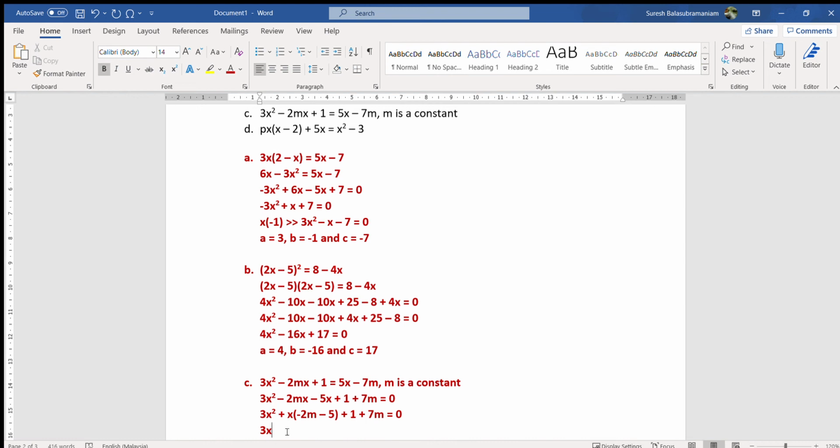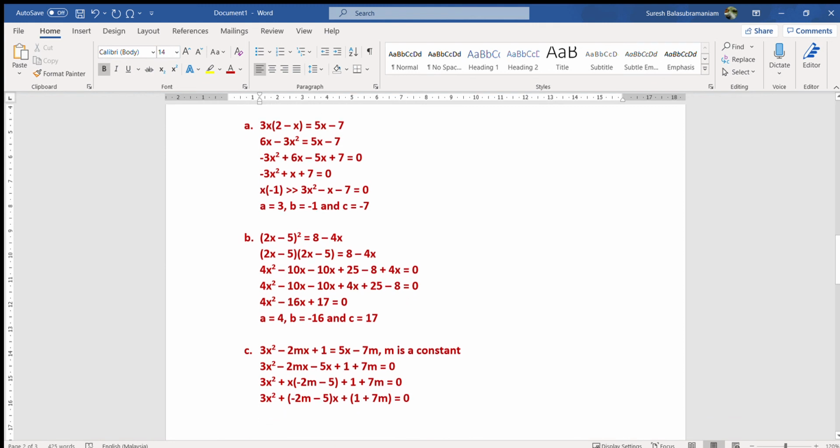So 3x square plus bracket negative 2m minus 5 close bracket x and plus, okay, I'll put this in the bracket, 1 plus 7m equals to 0. So that's my equation in the form of ax squared plus bx plus c.